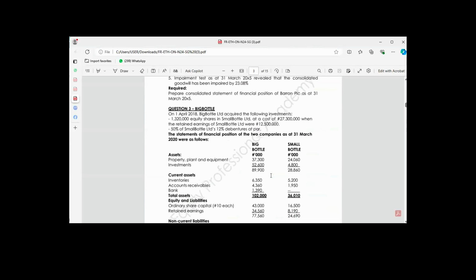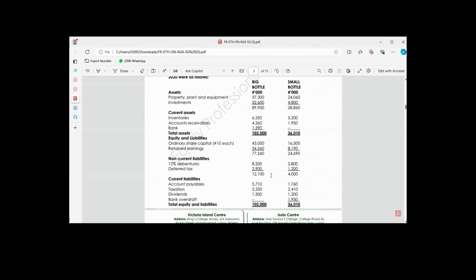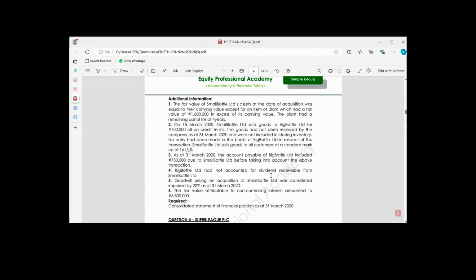They will tell you the fair value attributed to the non-controlling interest amounted to 6,800. Yeah, NCI, they will just give you directly. Go and pick the figure, no calculation needed.